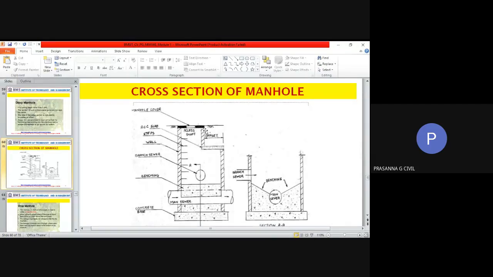So the common question that will be asked to you is, in the case of a manhole, what are its functions? You explain functions and the constructional aspects.